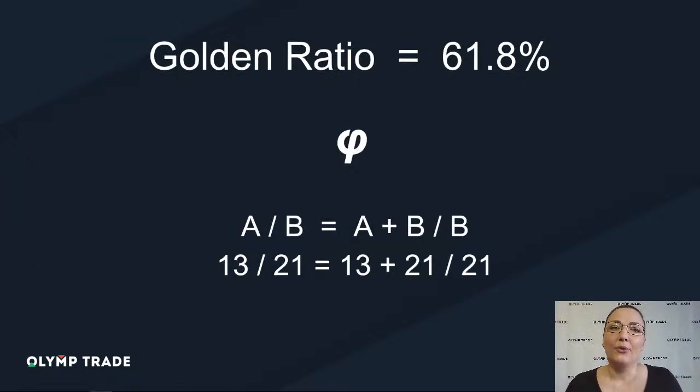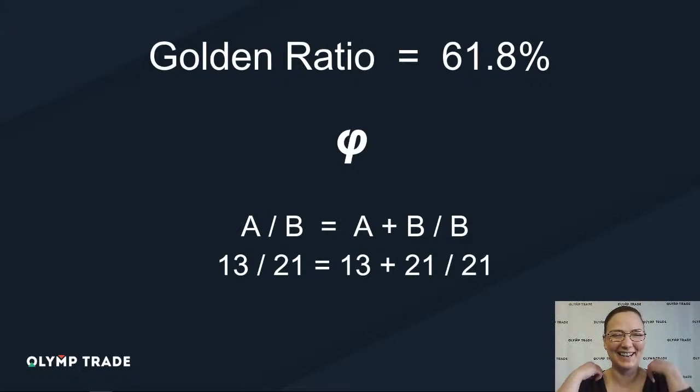Now, the really cool and very important thing to know is that we have the golden ratio in our Fibonacci indicator, and this is actually the 61.8% Fibo level. The golden ratio is sometimes called the golden section, the golden mean, or the divine proportion.